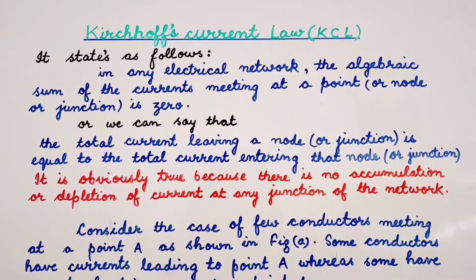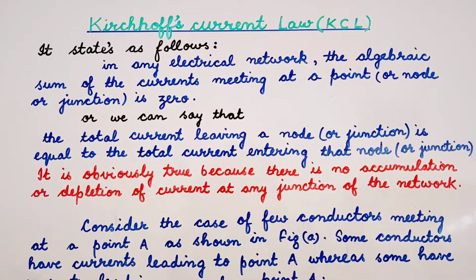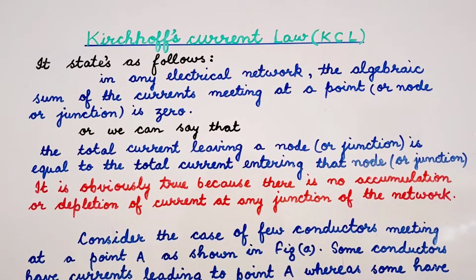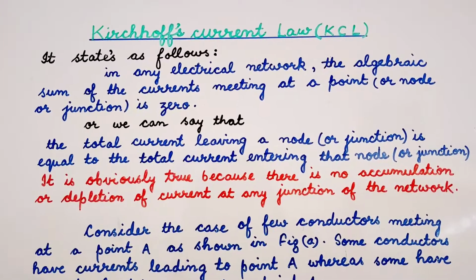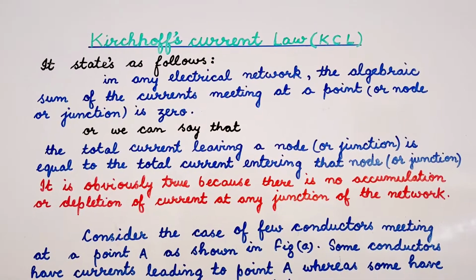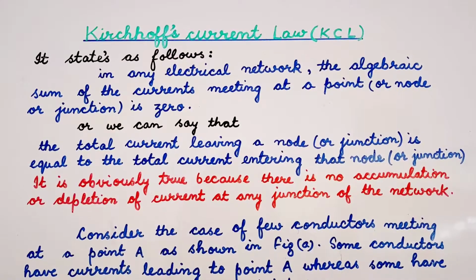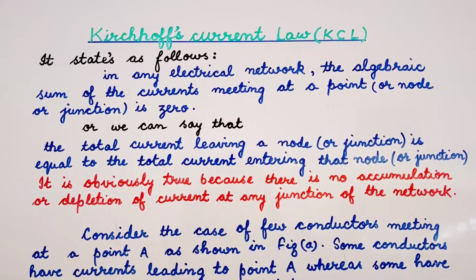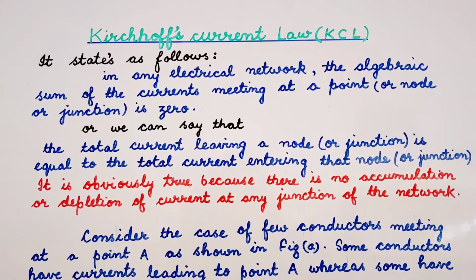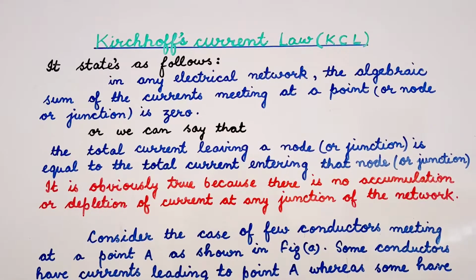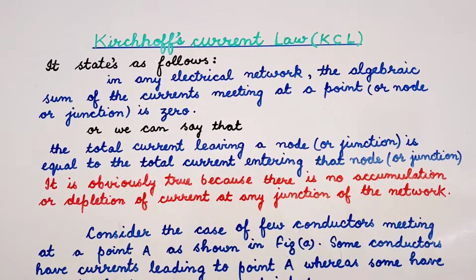This is true because there cannot be any accumulation or depletion of current at any junction of the network. So, Kirchhoff's current law states that the algebraic sum of the currents at any node or junction will always be equal to 0. Now let us understand Kirchhoff's current law with the help of an example.